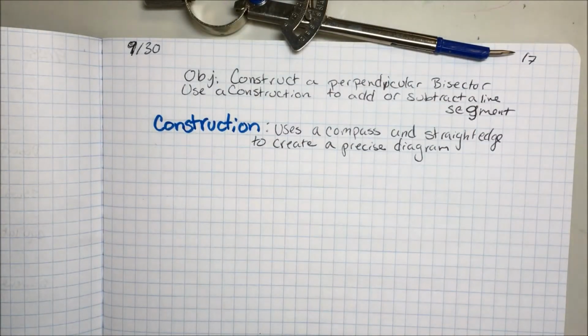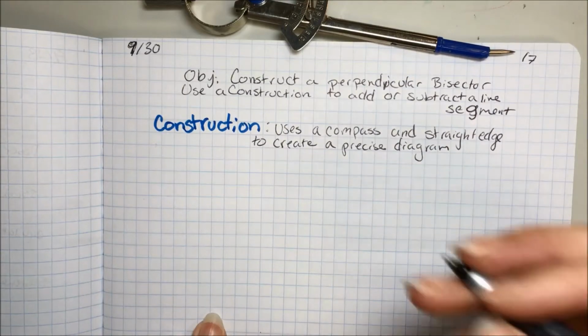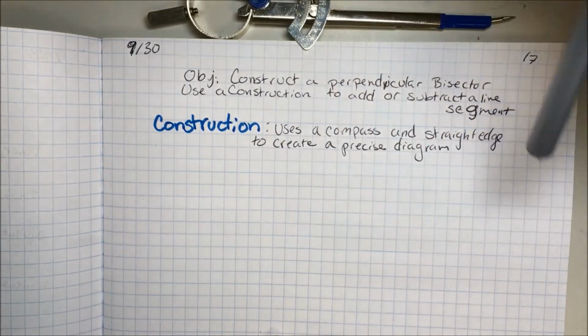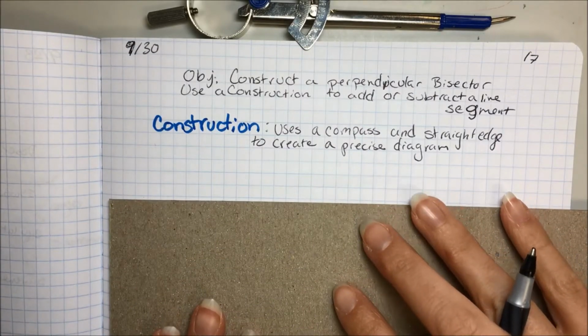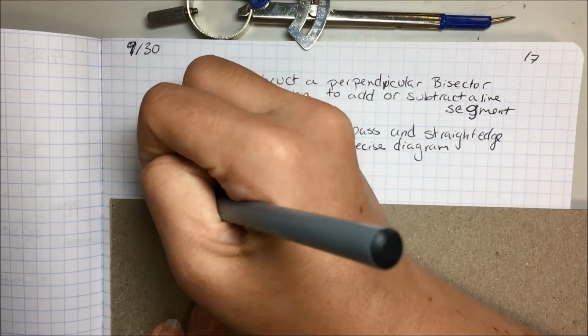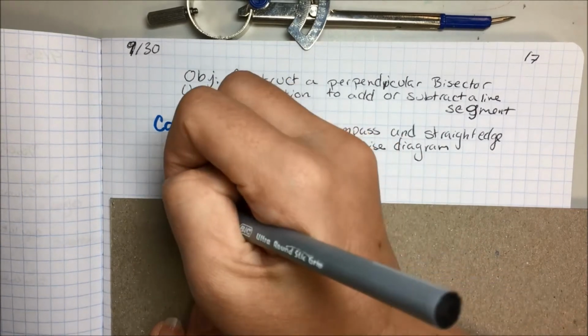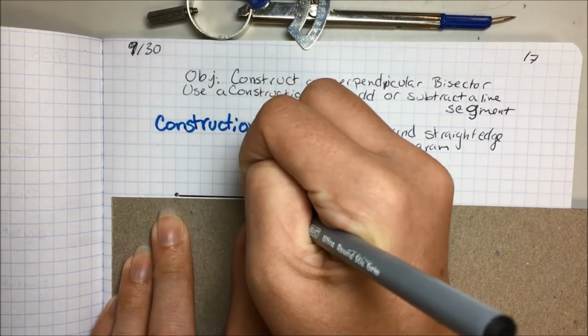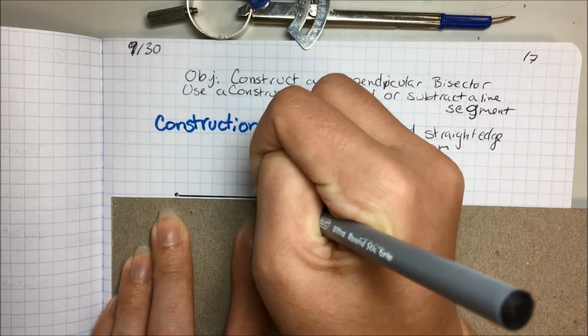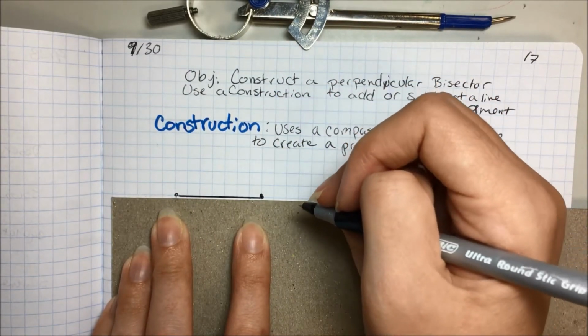Right? The first thing we're going to do is we are going to copy a line segment. So I'm going to start by making 2 line segments. And you should make the first one about 5 or 6 or 7 boxes long.